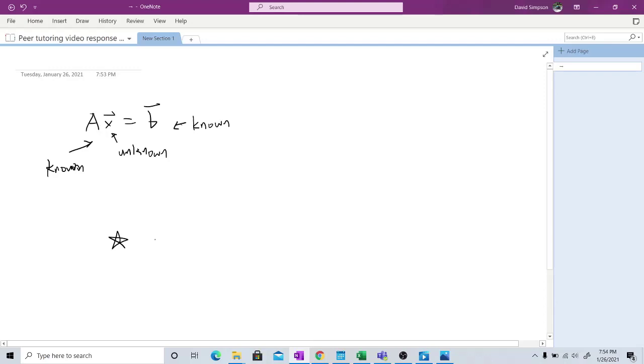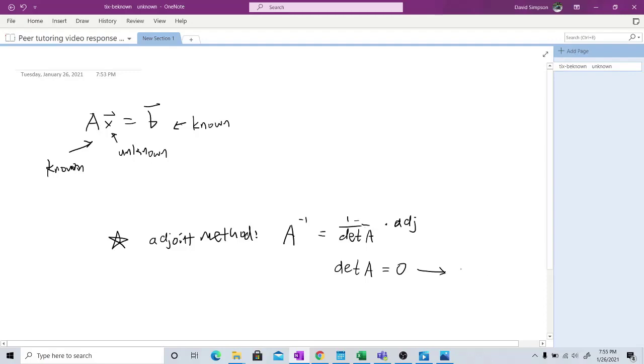And the reason that's the case is if we think back to our adjoint method, we see that A inverse is equal to 1 over the determinant of A times the adjoint matrix, ADJ, if you remember back to the last part. So this will always work unless determinant A is 0. If determinant A is 0, then we can't do this.